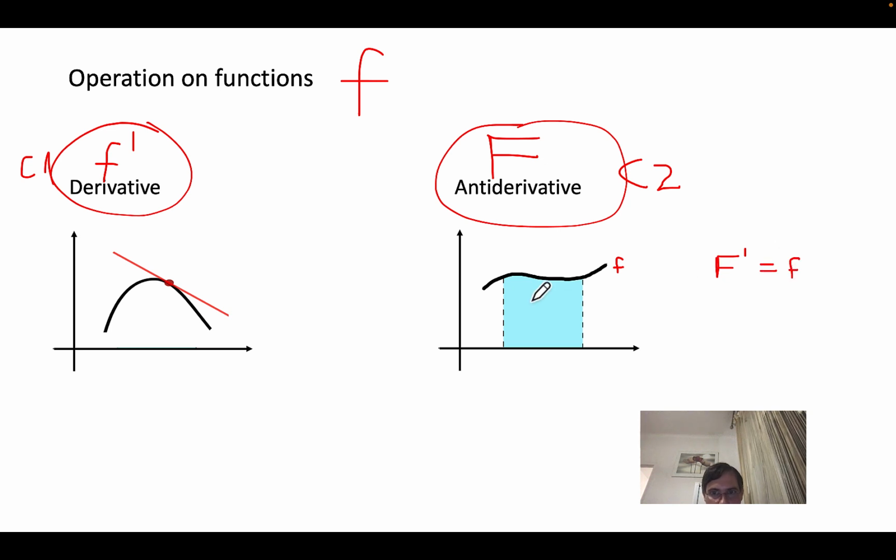And once I have this, then this area is going to be simply, let me call this point a and this point b, the big function F applied to this point b minus the big function F applied to this point a.